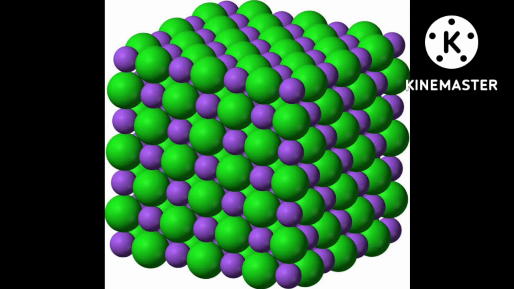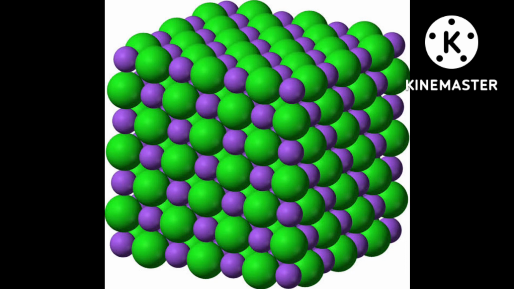Means electrons of both atoms will repel each other and both nuclei will repel each other. That's why, due to the repulsion, they will make some distance. But due to the attraction, means positive and negative, the nucleus is positive and the electron is negative.